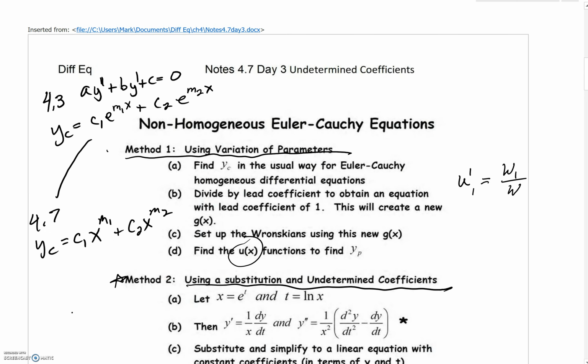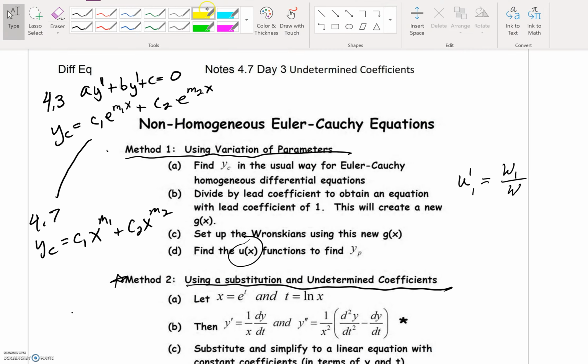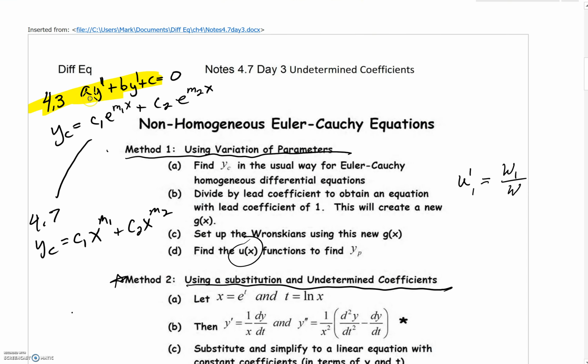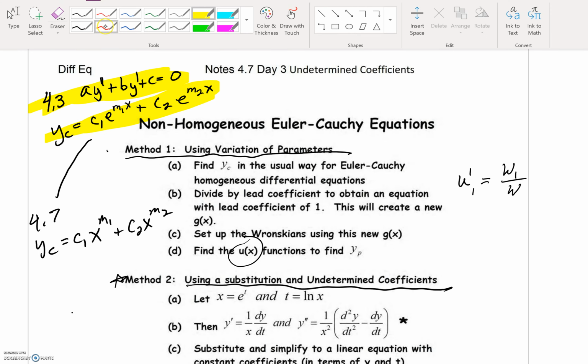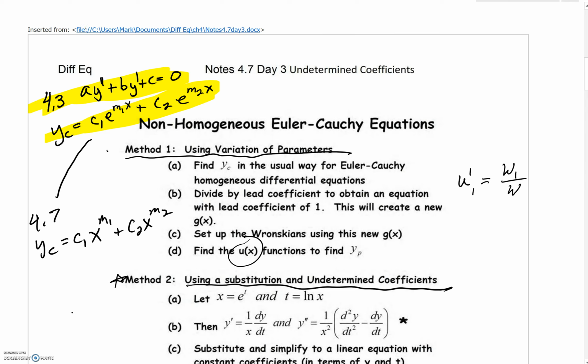At the top here, we spent a significant amount of time in 4.3 solving for a characteristic equation. When we had constant coefficients out in front of a second order differential equation, and this was for the homogeneous one where 0 was on the right, we assumed that e to the mx would be a solution, and we'd substitute that in, we'd get a quadratic, we could come up with these nice general solutions.